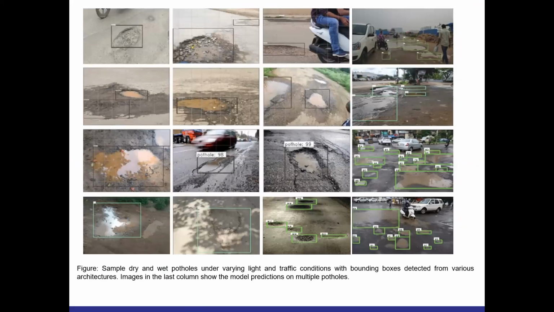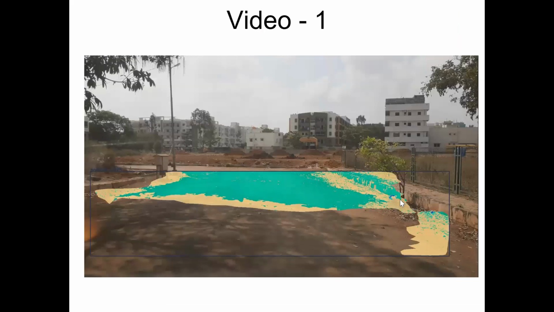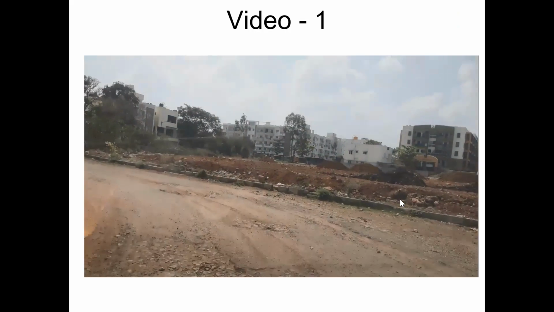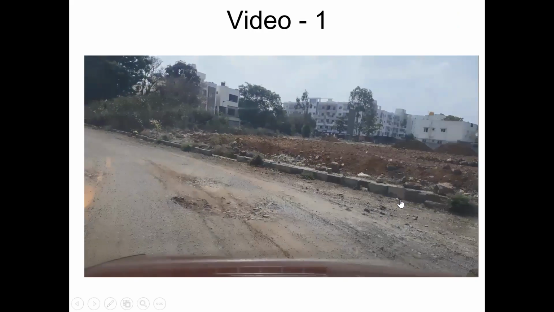We developed this in the form of an application and mounted a smartphone on the dashboard. Then in real time, when we moved on the road, the algorithm was able to detect the potholes and show them.